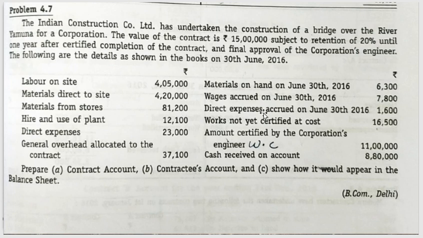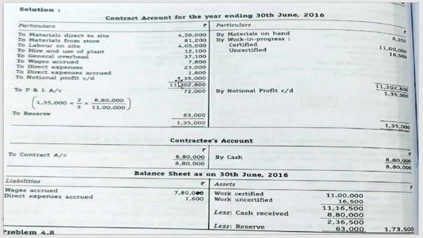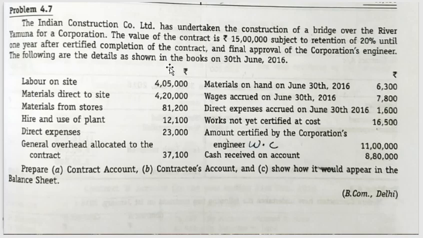Next we have direct expenses accrued on 30th June 2016. This is an expense which will be appearing in your debit column. So to direct expenses accrued, which is 1,600. Next we have works not yet certified at cost, which will come under the heading work in progress.